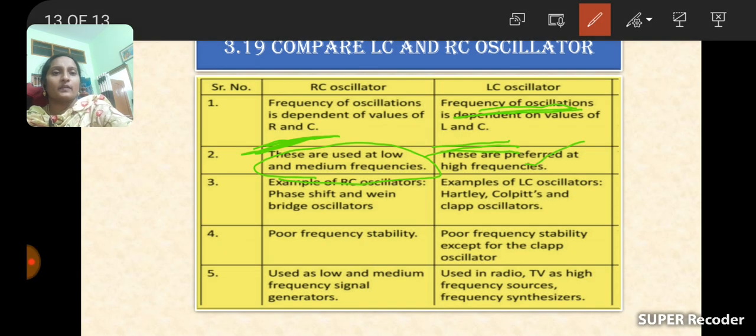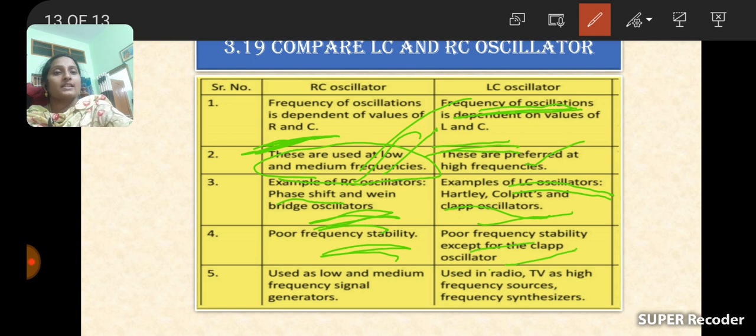LC is always preferred for high frequency, RC for low frequency. The examples of RC oscillators are RC phase shift and Wien-Bridge oscillators. And the examples of LC oscillators are Hartley oscillator, Colpitts oscillator and Clapp oscillator. In an RC oscillator, the stability is very poor.